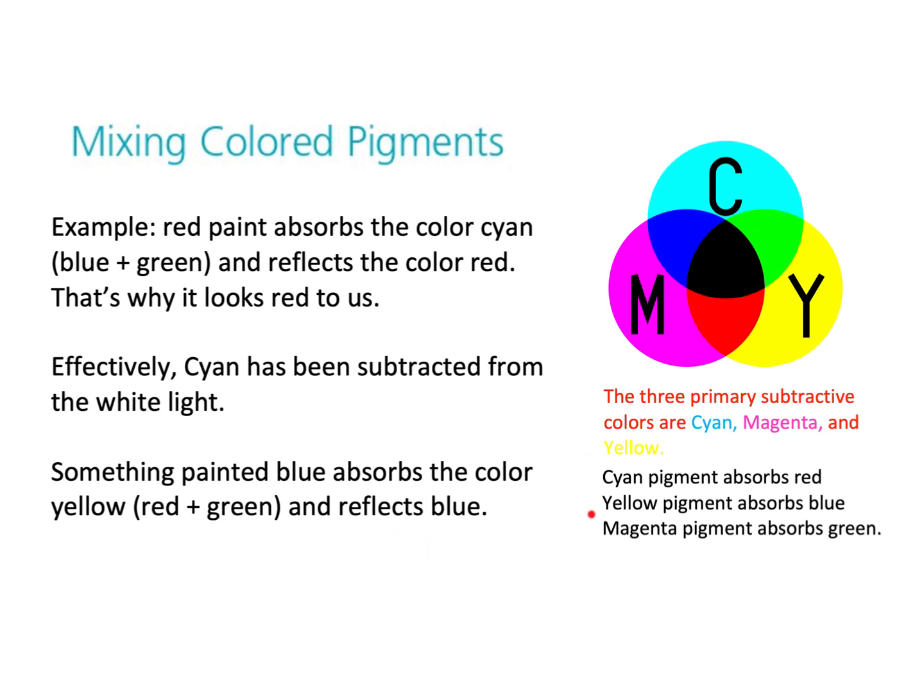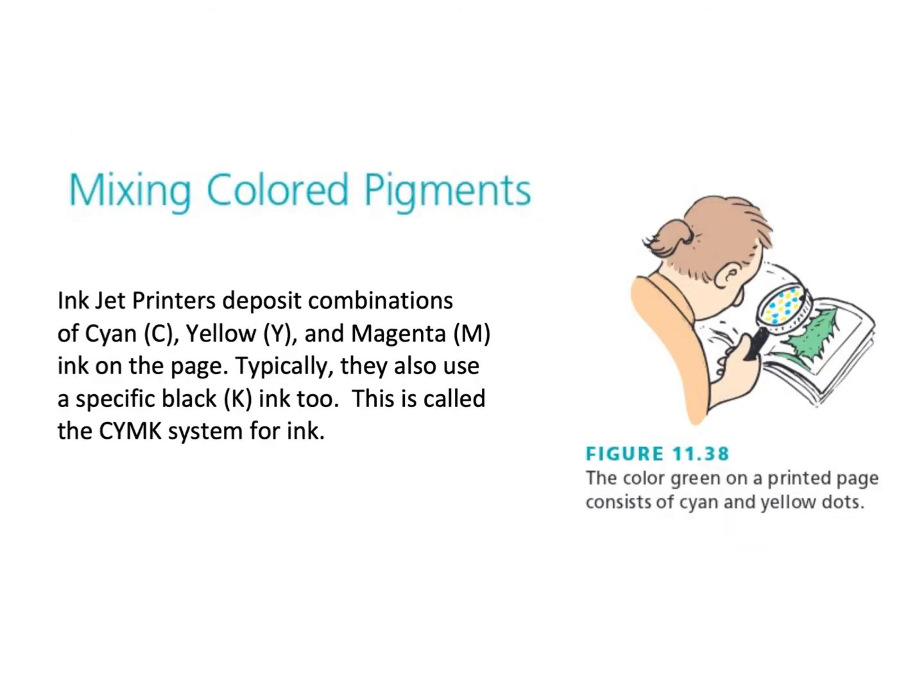Now, here down below my overlapping circles, we can see the basic way that the different printing pigments work. Cyan pigment absorbs red light, yellow pigment absorbs blue light, and magenta pigment absorbs green light.